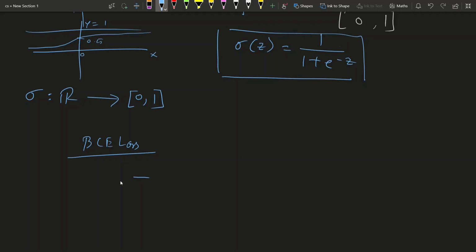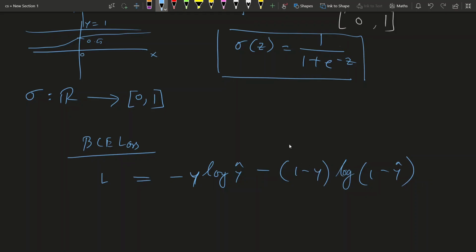The loss is defined as minus y, the ground truth, times log of y hat, the prediction, minus 1 minus y, the ground truth again, times log of 1 minus y hat. So this is my BCE loss.